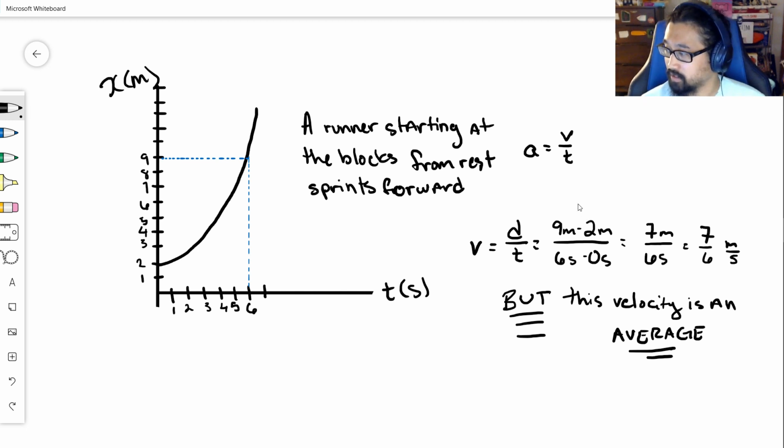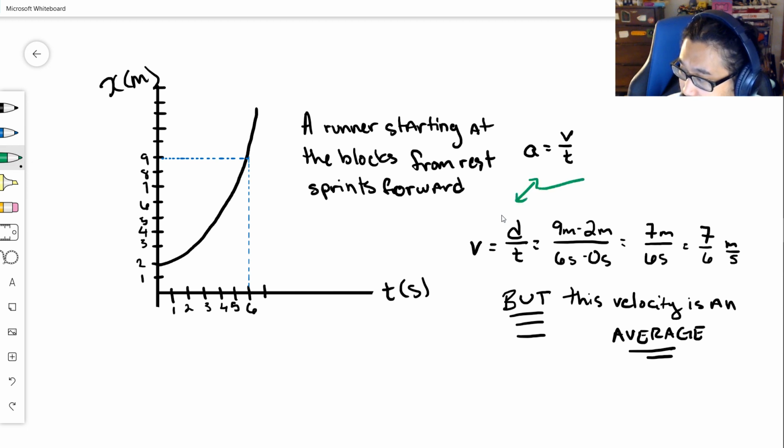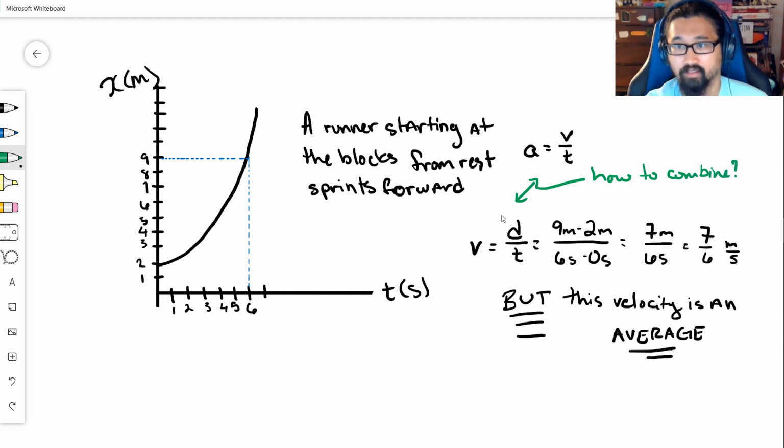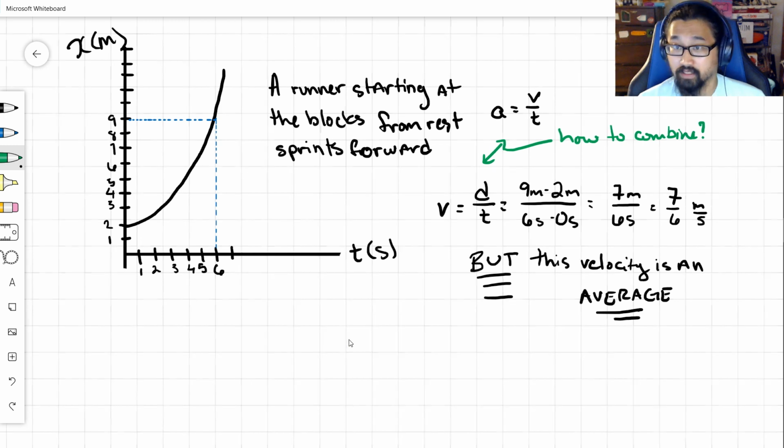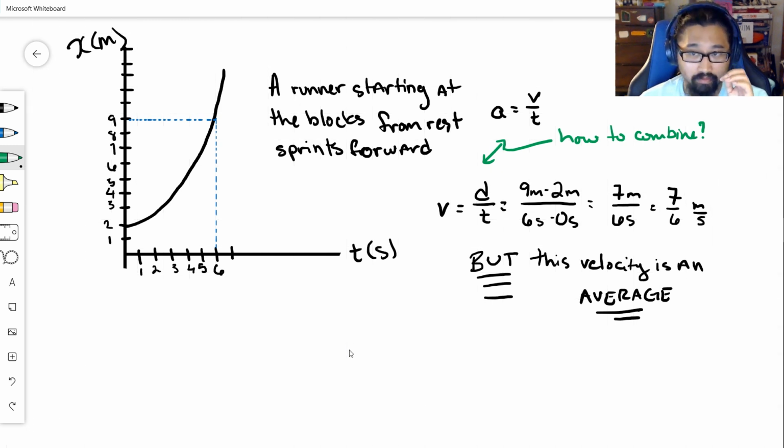I need to somehow combine them. How do I find a way to merge them into a single equation that links velocity, acceleration, time, and distance? This is just my introduction to the next equation, which is going to be a big deal.